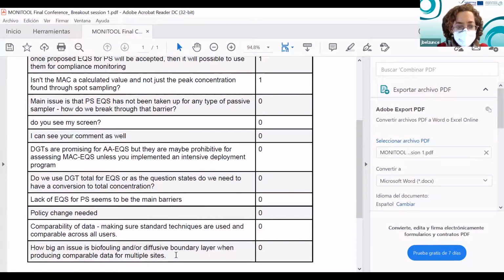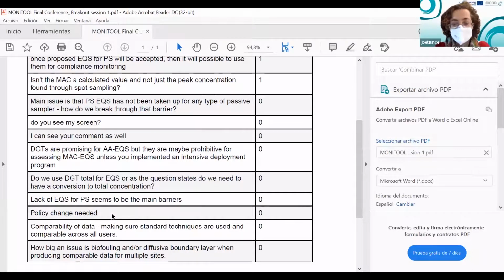Also, we have another one. There are also worries about how representative DGTs are. They are promising for average annual EQSs, but maybe prohibitive for assessing maximum annual concentration EQSs unless you implement an intensive deployment program.